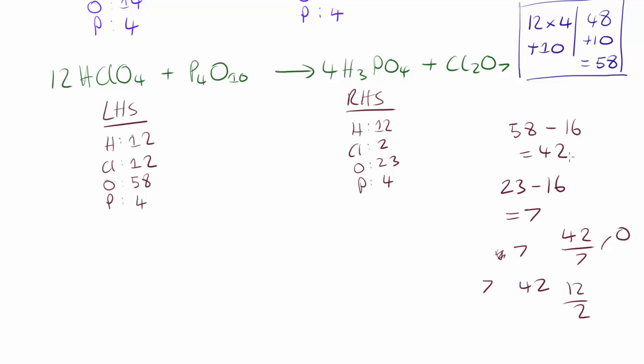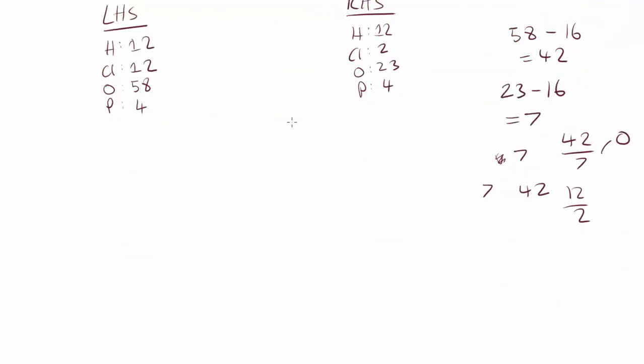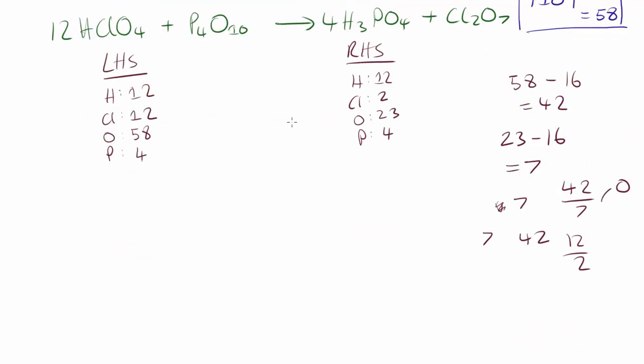So what I'm going to do at this stage is put a coefficient of 6 in front of the Cl₂O₄ to see what we're going to get from that. I'm just going to try and separate this out from some of the rest of what we're doing here.